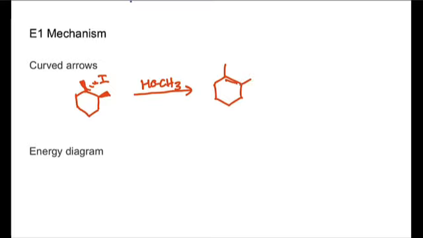And so what's going to form here is this alkene. All right, so I'll show you the mechanism. We are going to have spontaneous unimolecular dissociation. Again, fancy word for a leaving group just leaves. And that's going to result in the formation of a carbocation intermediate. So I'm going to put it in brackets because it's an intermediate.